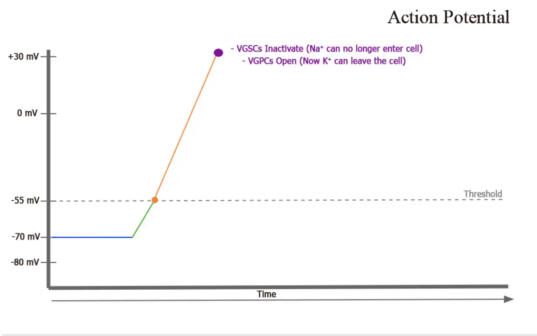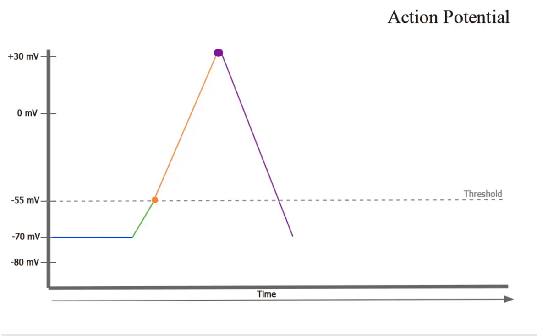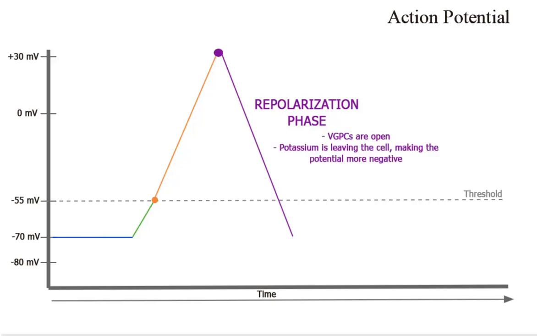Remember, potassium wants to be all the way down at negative 90 millivolts. That's its happy place. So now potassium is going to rush out of the cell, and we call this the repolarization phase of the action potential, because we are going back to the polarized state of minus 70. During this phase, the voltage-gated potassium channels are open, and potassium is leaving the cell.